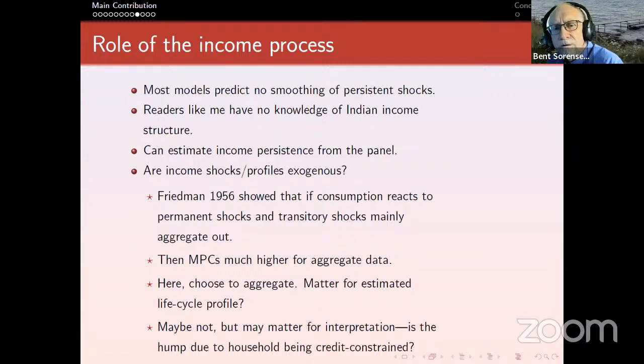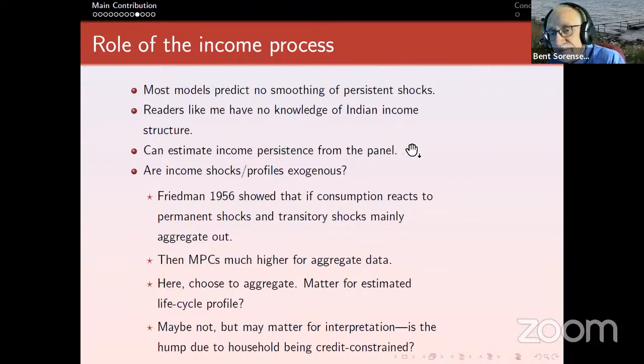So what is the income structure in India? It's a hump shape, which probably is, but I don't know without being told. Is the income process predictable, or what's going on? We don't know anything about that, and you don't say much about it.